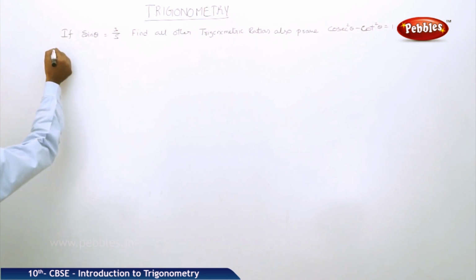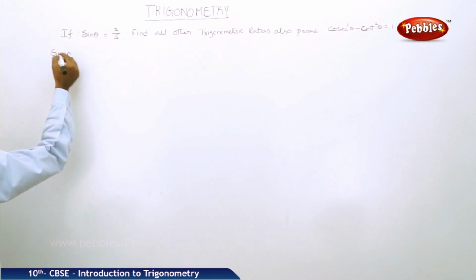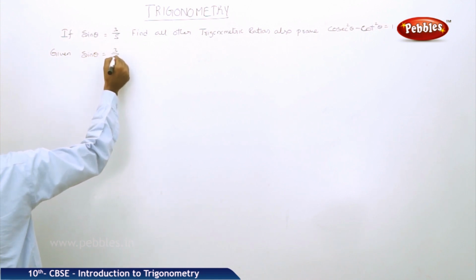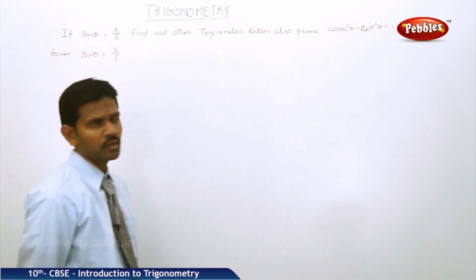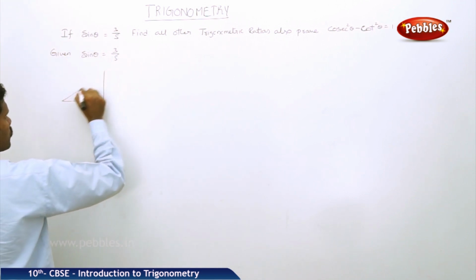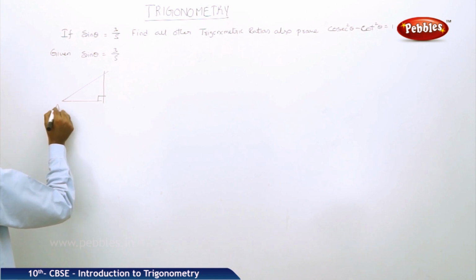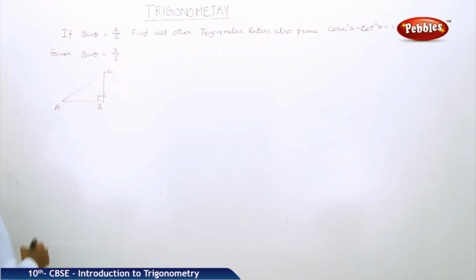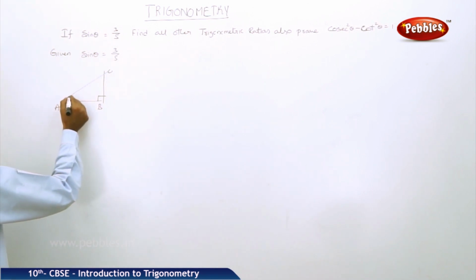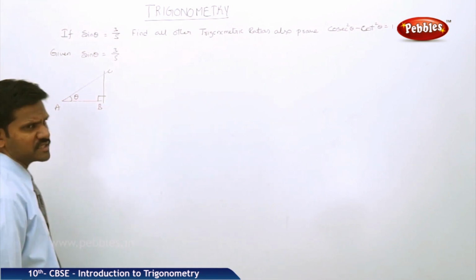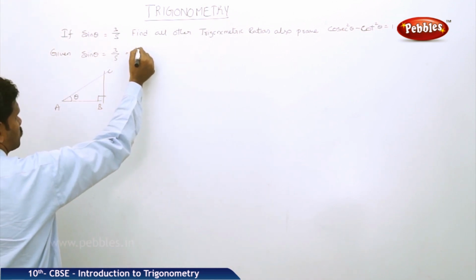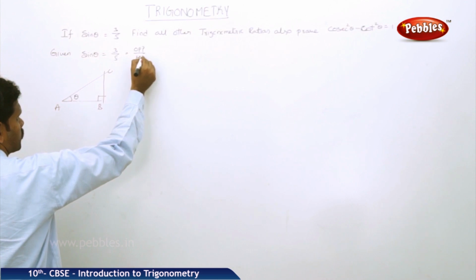Now see, given sin theta is equal to 3 by 5. Let us consider a right angle triangle ABC, right angle at B, with theta at A. From the definition, sin theta is equal to opposite side by hypotenuse.